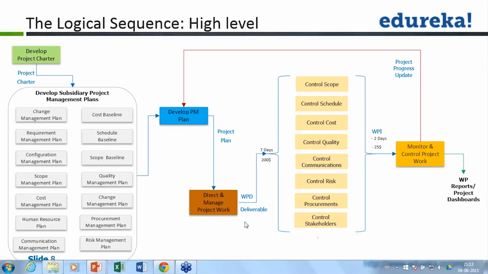Whatever work result or deliverable we get from the vendor, we will have to check, do a variance analysis, and ensure whether this work is as per plan or not. If the work is deviating, you need to find out why there is a deviation. Do you see any risk? So monitoring contract risk is something you will carry out during your control risk.